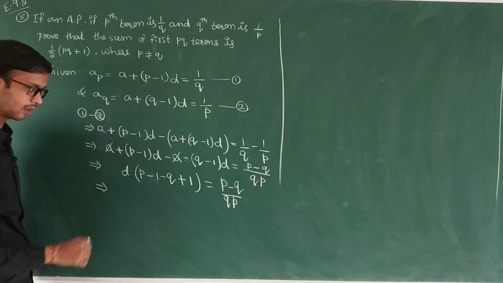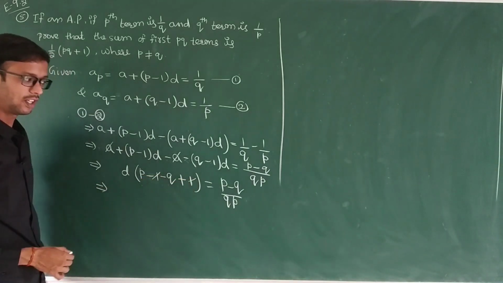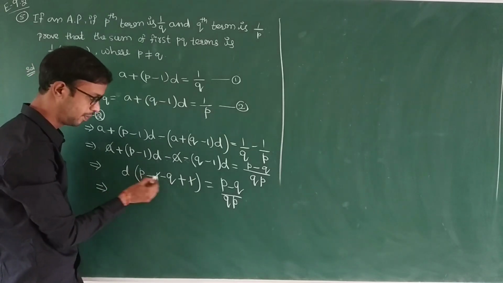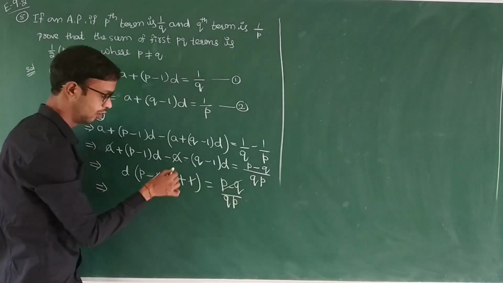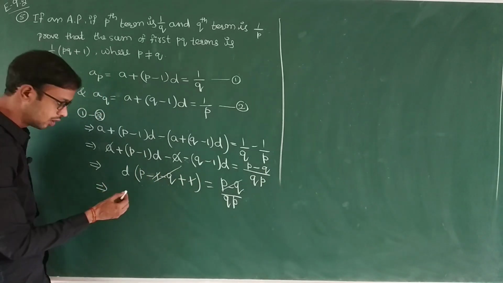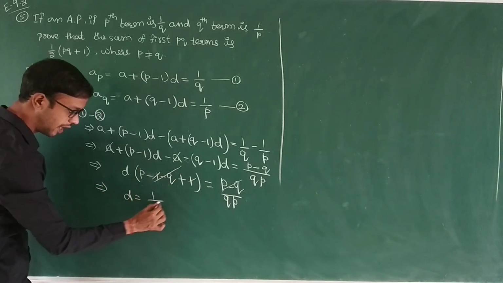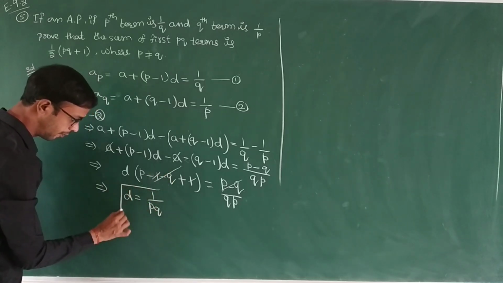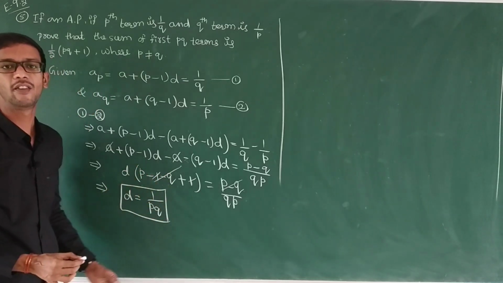Now plus 1 minus 1 cancel. What will we get? p minus q on the left and p minus q on the right, both get cancelled. So D value is 1 by pq.